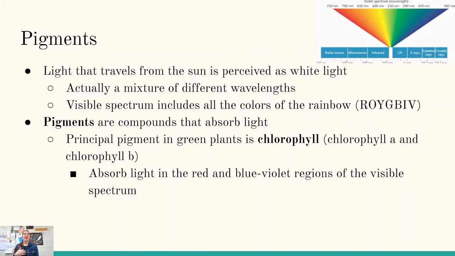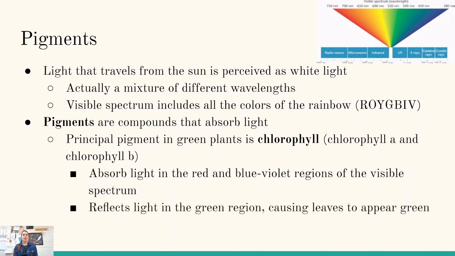They reflect green light. So whatever color pigments reflect, that's what you see. Like I said, chlorophyll is going to reflect green light, and that's why leaves appear green.